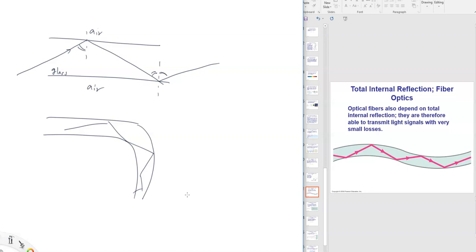It's almost the speed of light, right? It's a little slower than that because it's going through glass, but still it's really fast, and the losses are really small. There's no resistance, heat losses or anything. So that's why optical fibers are used in high-end communication, and this is total internal reflection.